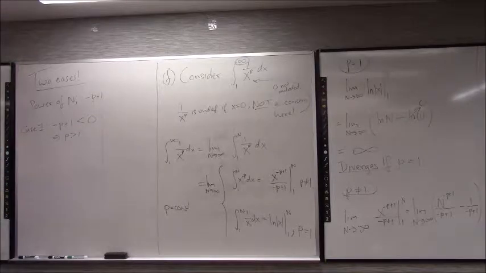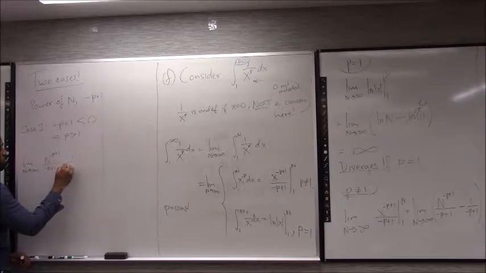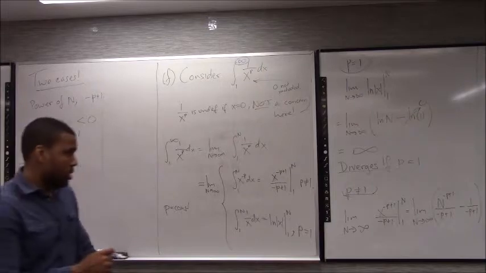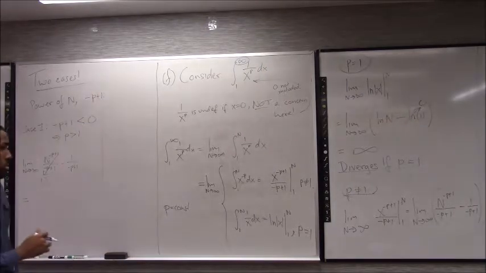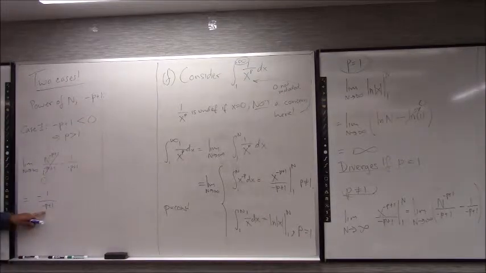What would happen there is that if you take the limit as n goes to infinity of n to the minus p plus 1 over minus p plus 1 minus 1, I plug infinity into a negative power, and this part is going to go to 0. Now we already know that p is not 1 because we dealt with that case. So this actually gives us a number. So it converges.